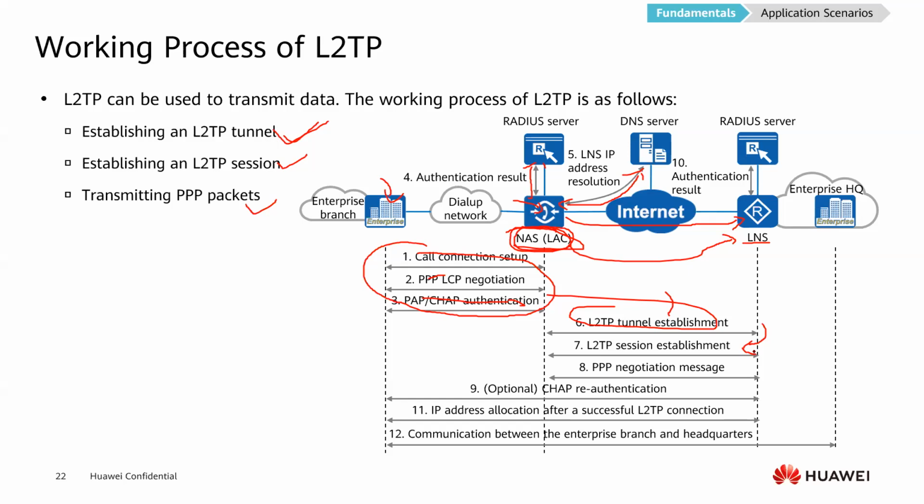Then there is negotiation for PPP, like the PPP steps LCP and NCP. You can also do real authentication, but it's optional. Then the LNS will allocate an IP address for this enterprise, and then they will communicate. Three simple steps for L2TP.